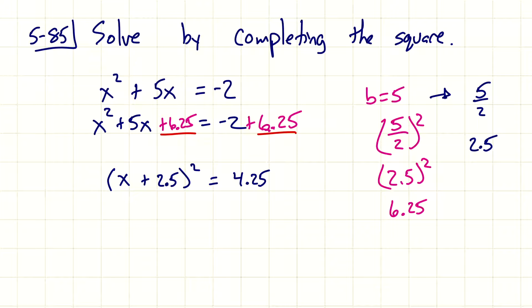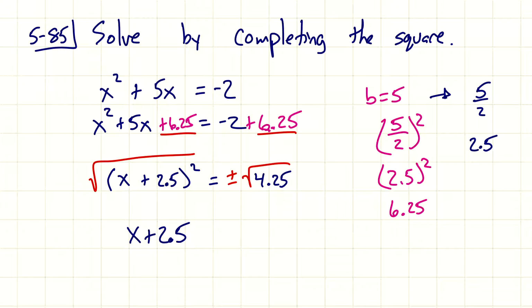We're going to square root both sides, plus or minus. Let me move that over. And we're left with x plus 2.5 equals plus or minus the square root of 4.25.